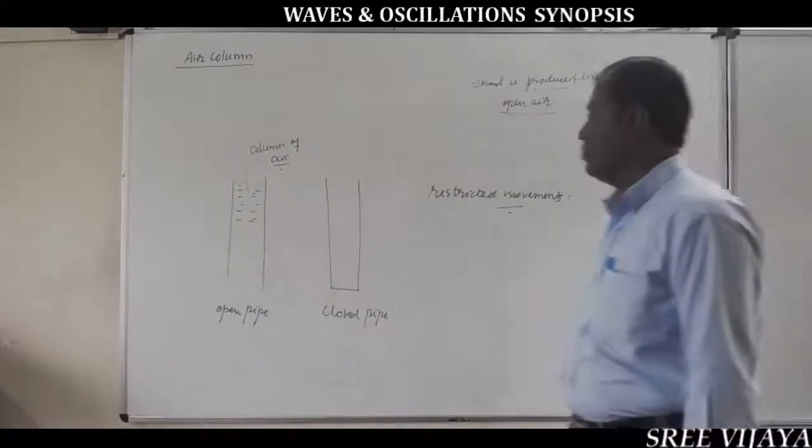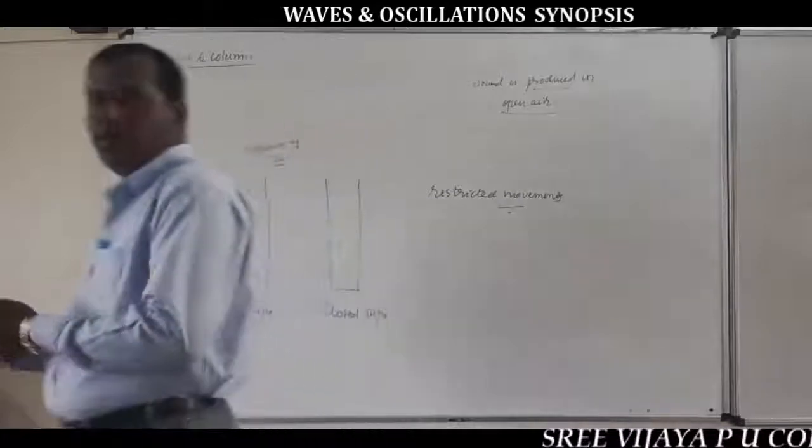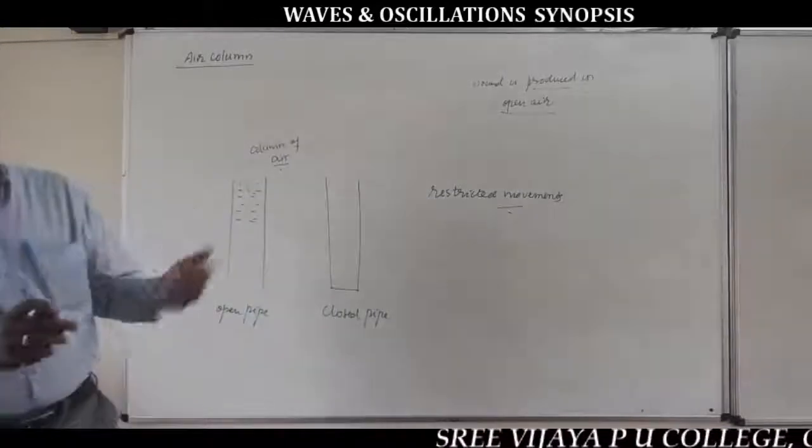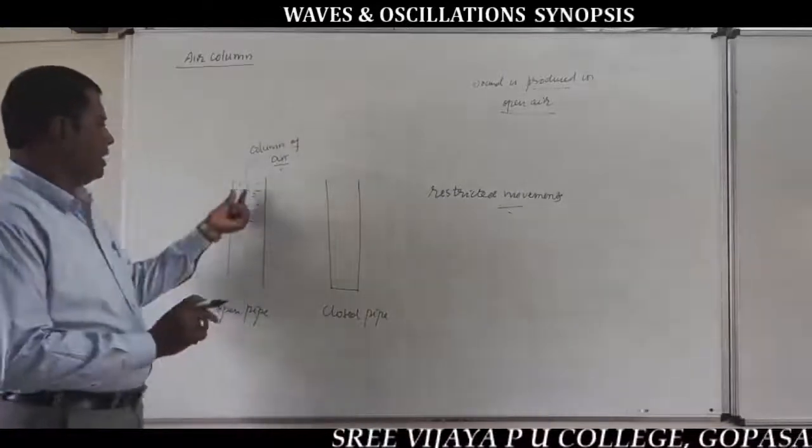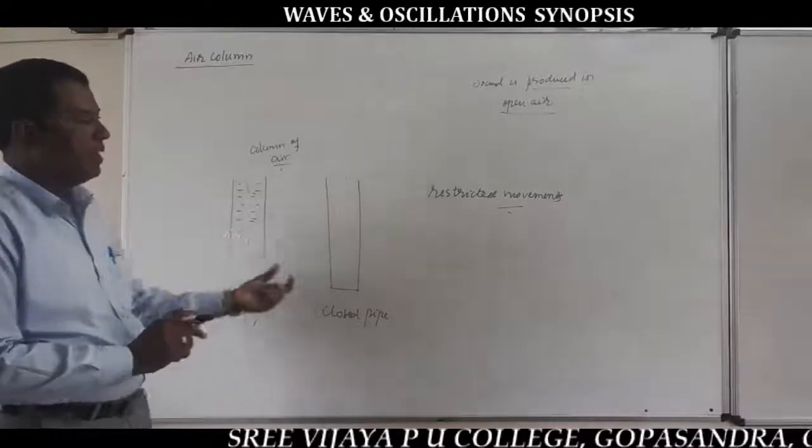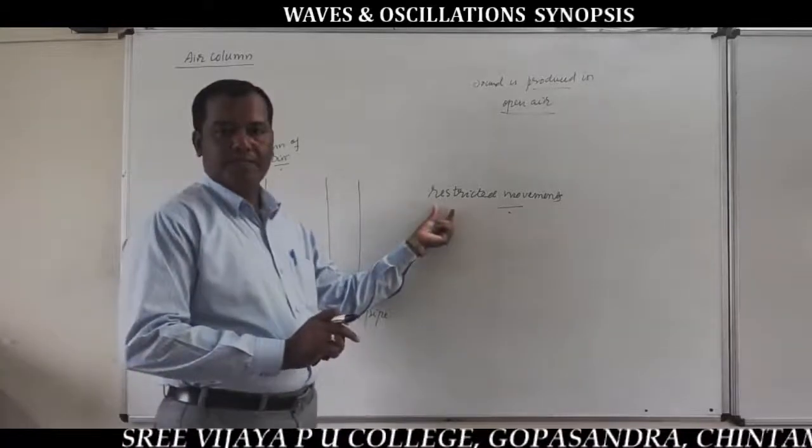But when air is blown across the mouth of an open pipe or closed pipe, the air column or the air particles have restricted movements. Generally there is also generation of sound, but the air particles will be having restricted movements.